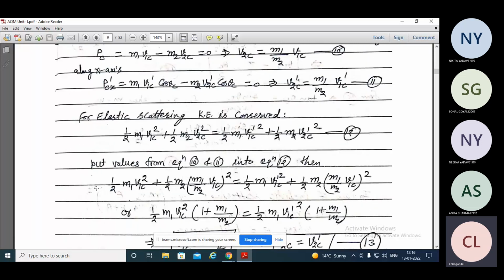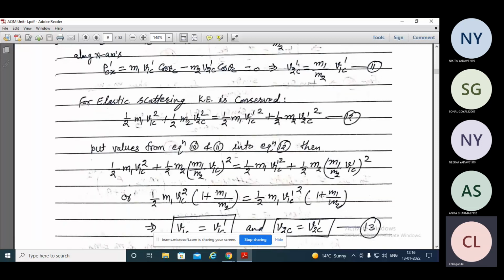Then half m1 v1C square plus half m2 times (m1 over m2 v1C) whole square equals half m1 v1C' square plus half m2 times (m1 over m2 v1C') square. So you can solve these equations like this.